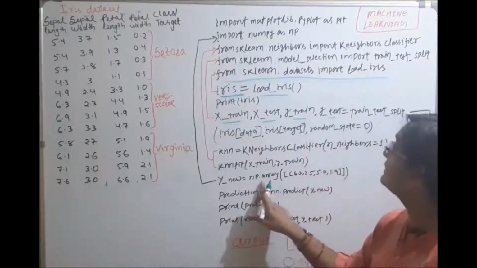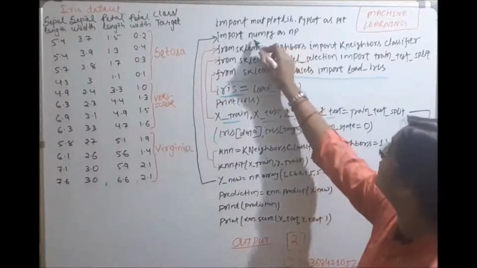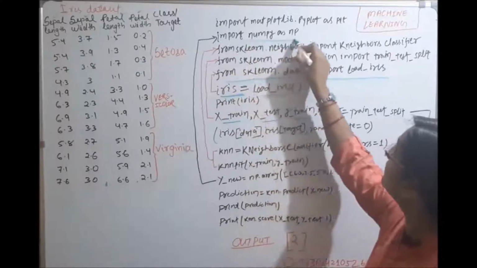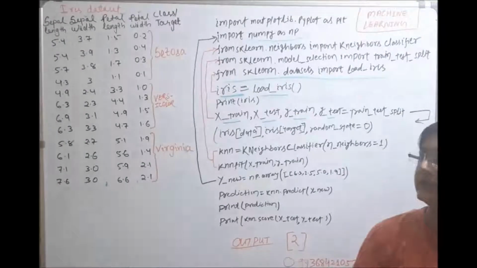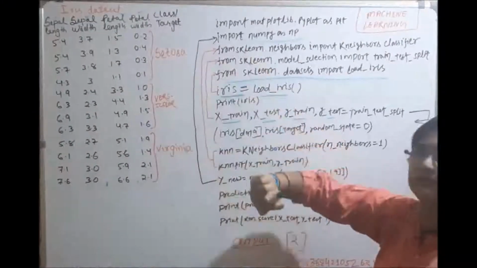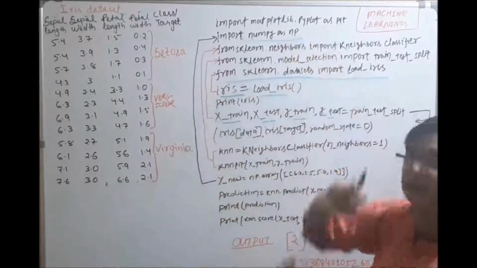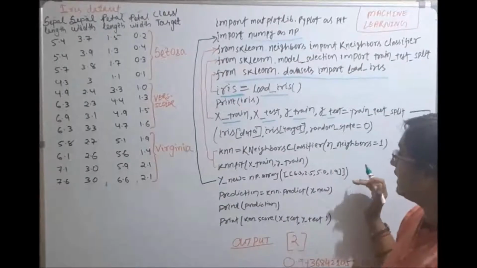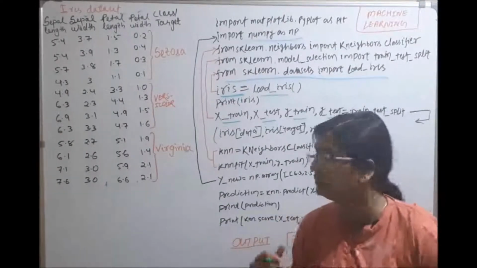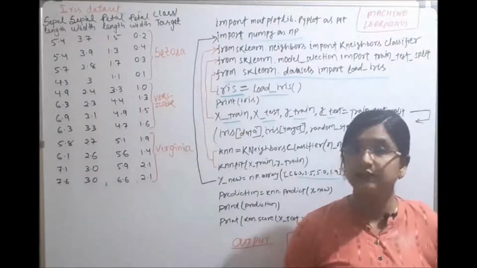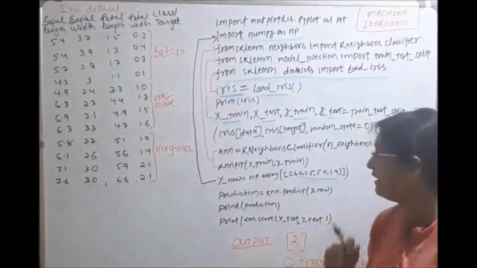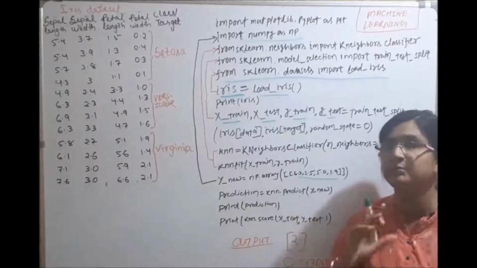For array, the library is numpy. I have to write import numpy as np. If you want to use an array in your algorithm, you have to import this library. Now I have to test my algorithm and check whether it is giving me the correct answer or not. For that I take a variable, prediction.